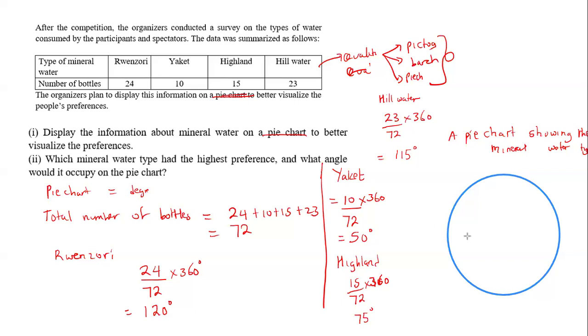So I look at my center. It is up to you. Sometimes some of you want to do like this. Sometimes some of you want to start horizontally, like this.